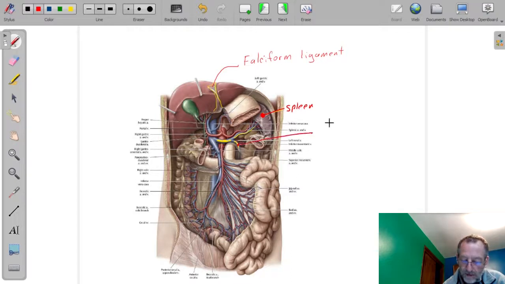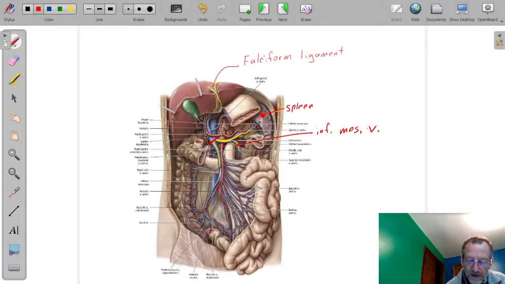You'll have to remove all, or look at a slide that doesn't have all my ink on it. So the inferior mesenteric vein. And the splenic vein again continues on, merges with the superior mesenteric vein.